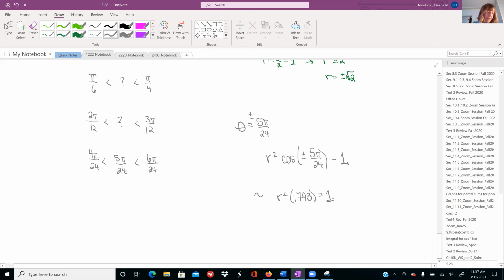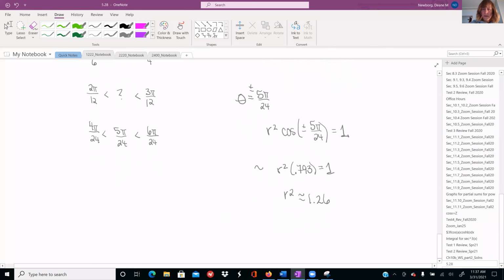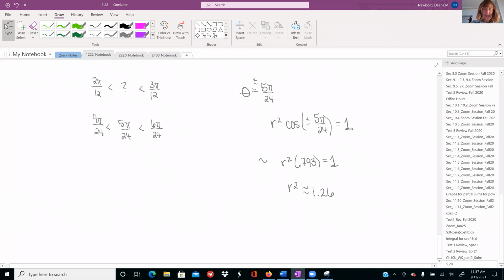Divide both sides by 0.793. Take the square root. Getting 1.12. This is unexpected.